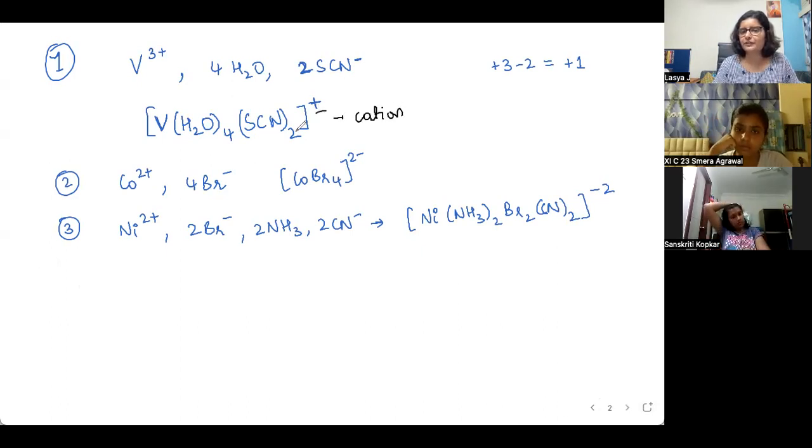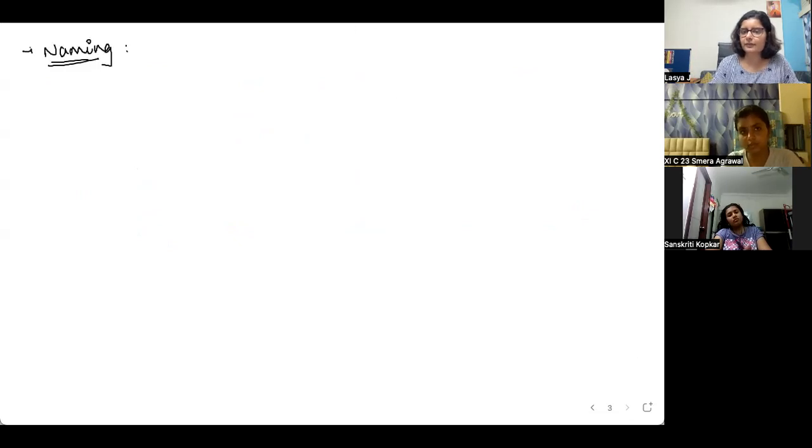Like overall positive charge there. These two happen to be anionic complexes. So most of the things are same for both, but there are tiny differences whether it's a cationic complex or an anionic complex. I'll discuss the difference as and when we come to that point, but just keep in mind that there is a difference between both.